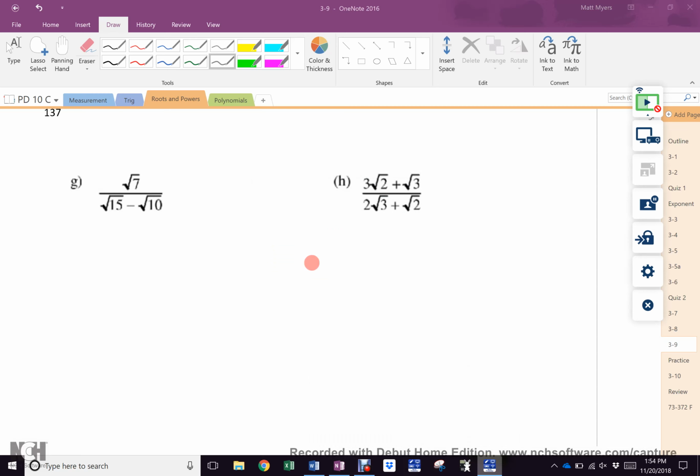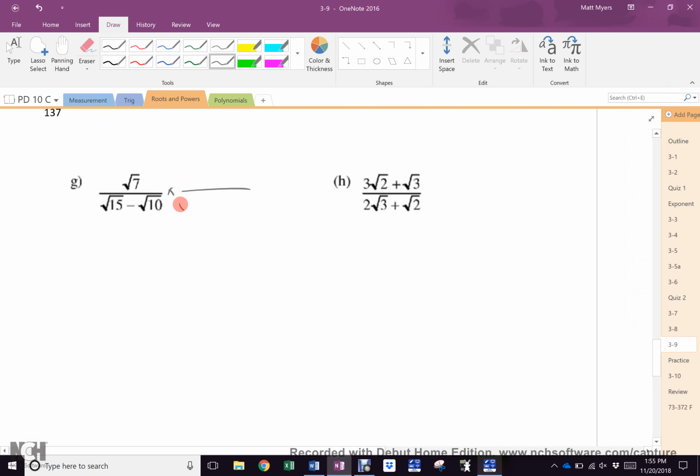All right. Now, YouTube fans, my good friend Preston Cook has asked an intriguing question. What does one do when one is faced with 2 radicals on the bottom? I must multiply by what? What would get rid of the root 15? Root 15. What would get rid of the root 10?